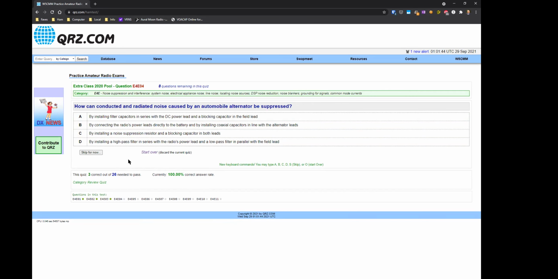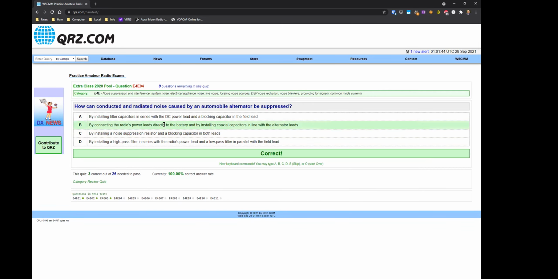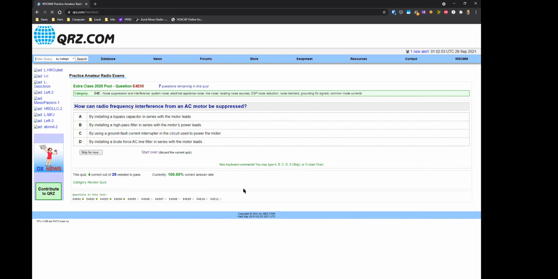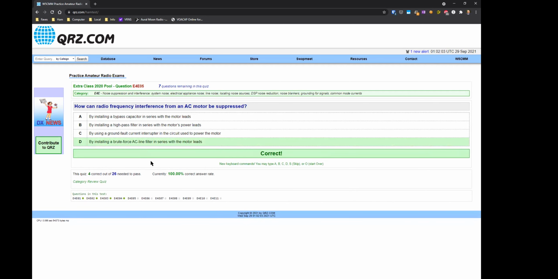B. Yeah, that's gonna be B. How can radio frequency interference from an AC motor be suppressed? D, yeah, an AC line filter.